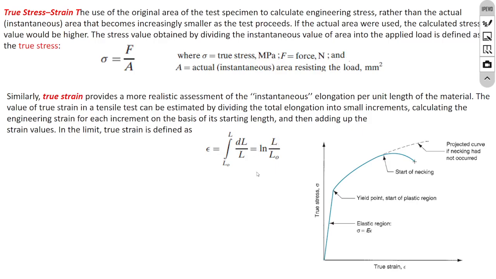Okay, using this logarithm we can calculate the true strain value. And then we can plot the true stress, true strain diagram. It is similar to the diagram that is plotted using engineering stress and engineering strain.